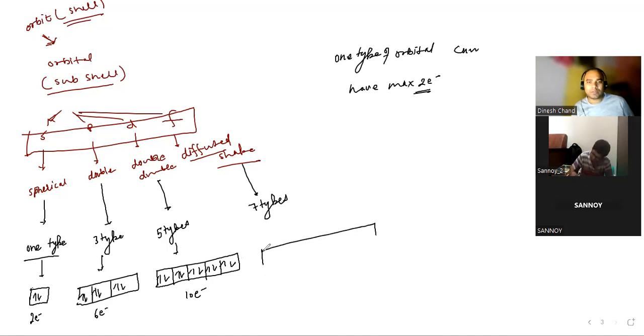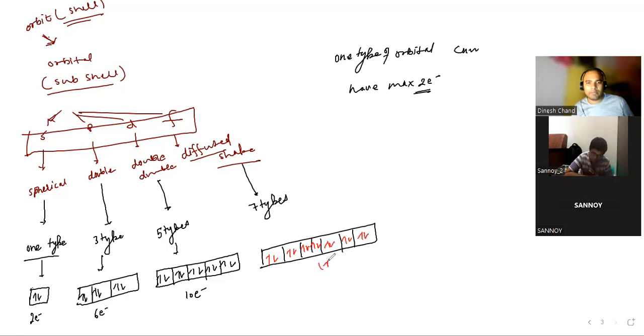Now if you are talking about F orbital, it is going to be 7 types: 1, 2, 3, 4, 5, 6, 7. Electrons fill one by one. Total electrons in F orbital are 14.